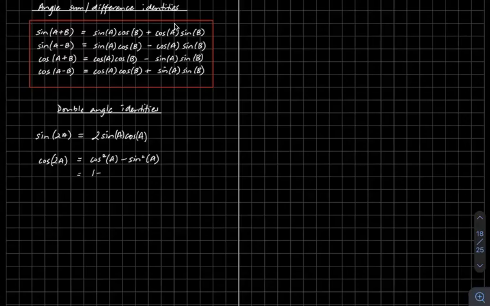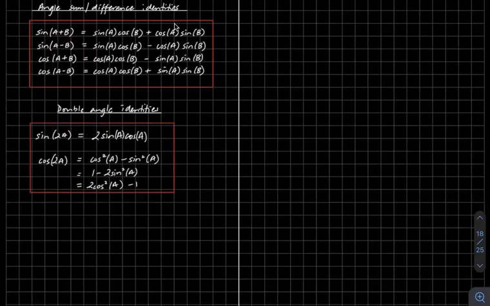So we could either get 1 minus 2 lots of sine squared A, or we could get 2 lots of cos squared A minus 1. You might like to take a moment to see whether you can do that just by using your Pythagorean identity there.